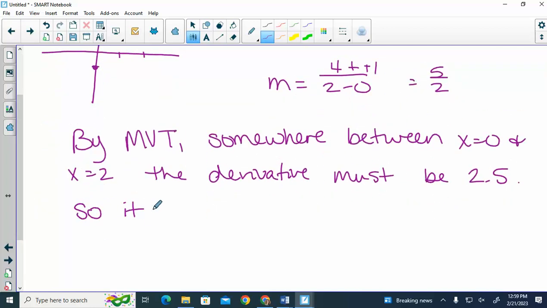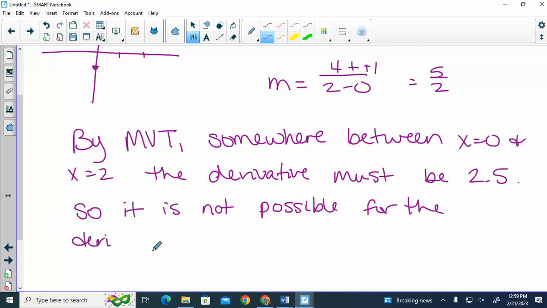So it is not possible for the derivative to always be less than 2.